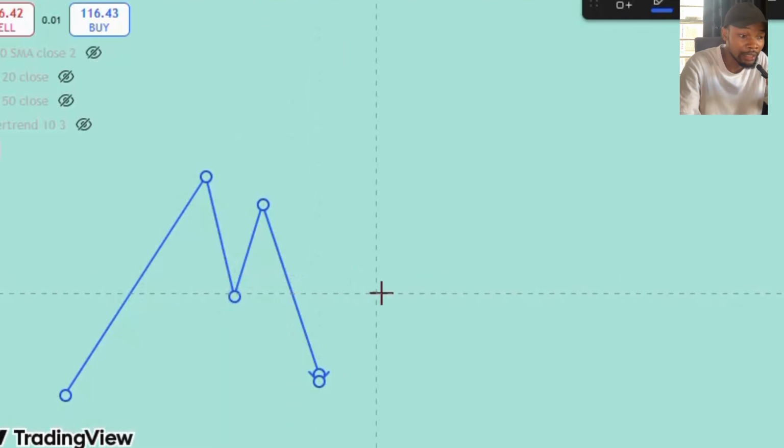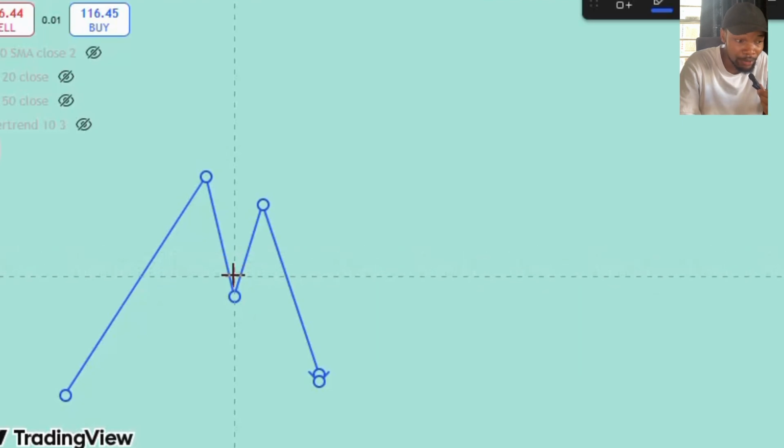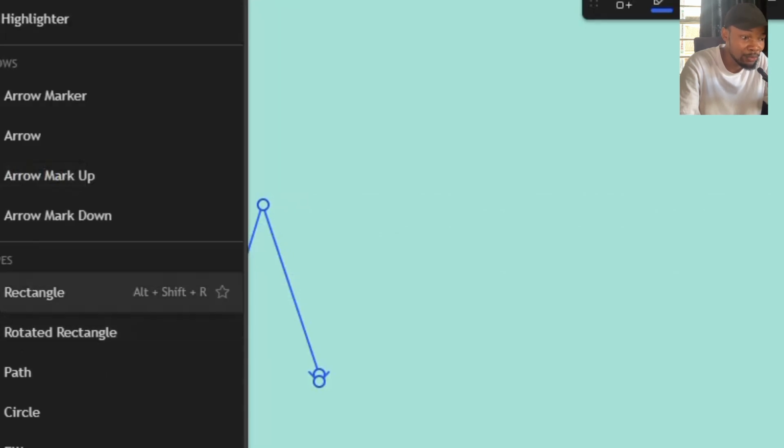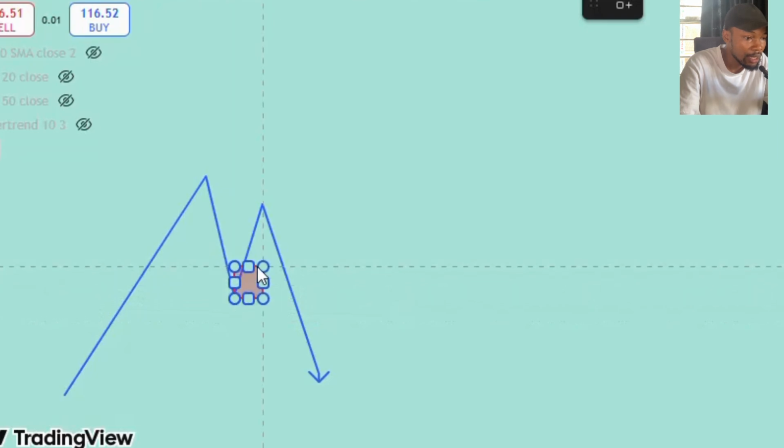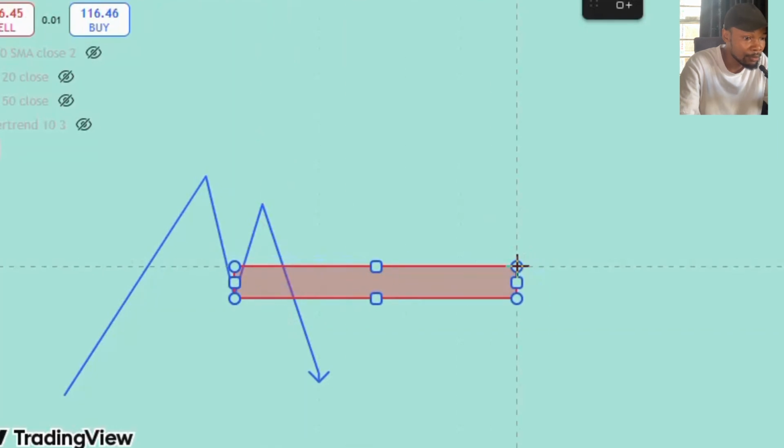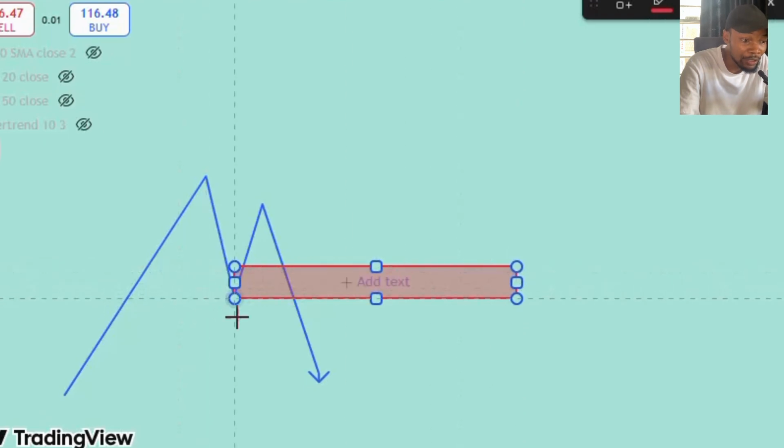Just draw your trend line around the last red candle printed at the middle of the M. I just hope you understand my point because it's going to help you a lot. I'm going to come here and draw this point. I drew it from the middle of the M.